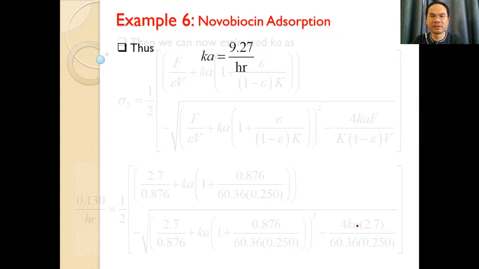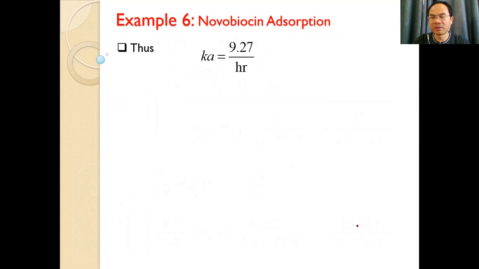After solving, the result is 9.27. Please remember that if Ka is increased, the rate of adsorption is increased based on the rate of adsorption equation, I equals Ka(C minus C*). K is the mass transfer coefficient, and A is the surface area of the adsorbent per volume of the tank.